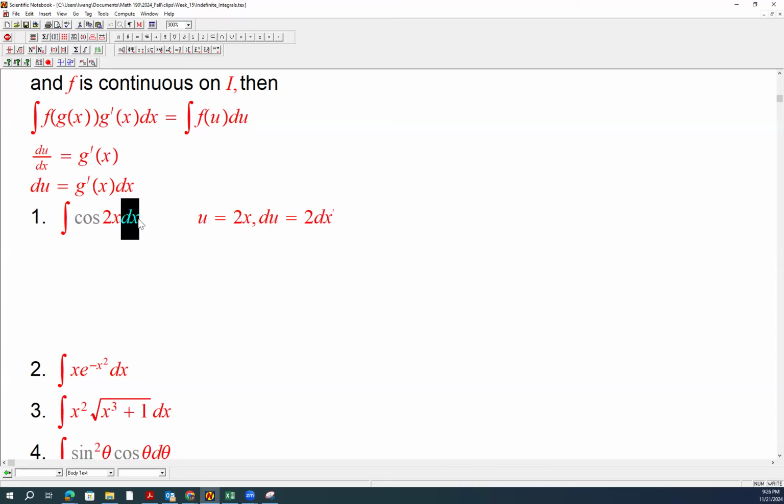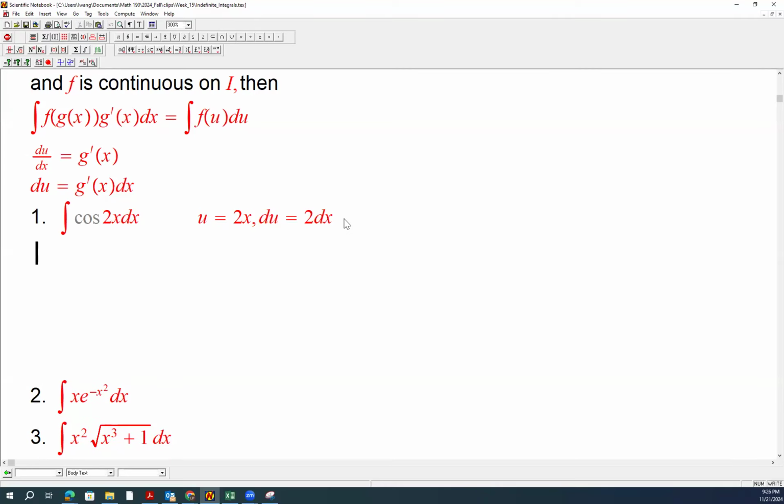We don't have 2 times dx in the integral, right? So another way to make it easier is to express dx by dividing both sides by 2. So we get dx equals half of du.